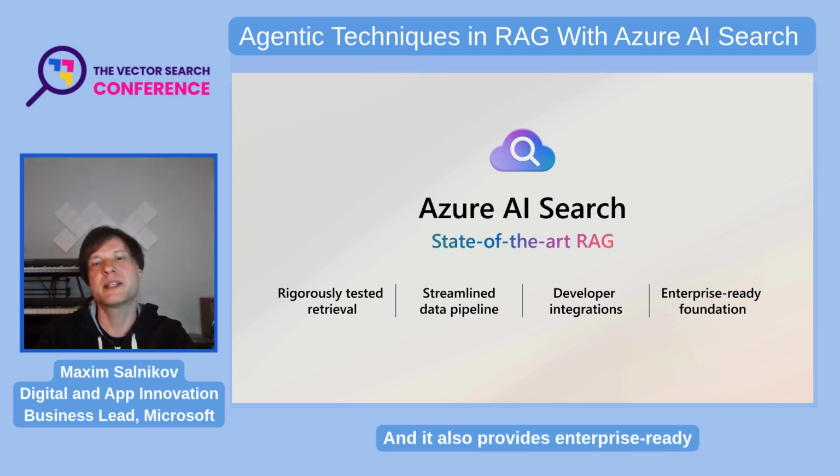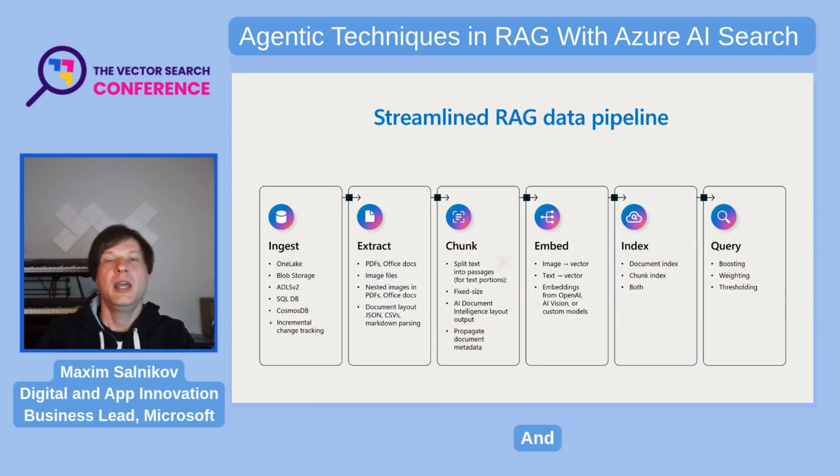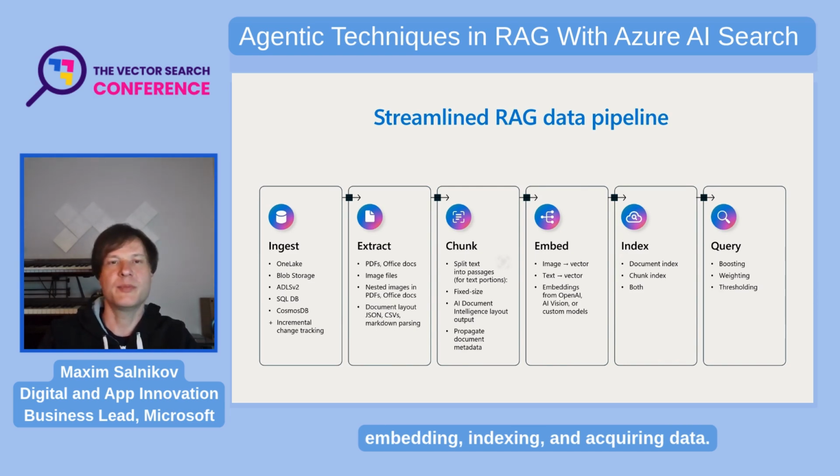And it also provides enterprise-ready framework encompassing security, compliance, and private networking features. And it gives us chance to build fully streamlined RAG data pipeline, ingesting, extracting, chunking, embedding, indexing, and querying data.